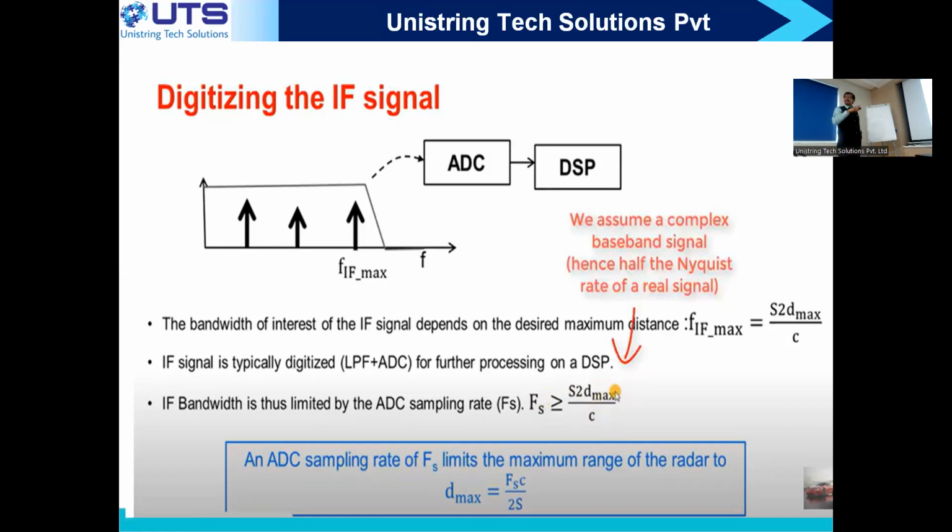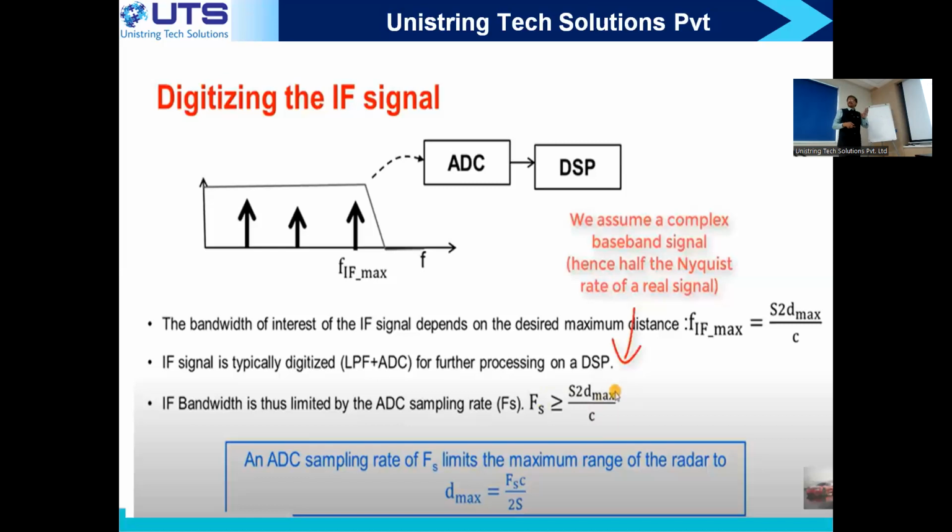Given the sweep rate, which I just took as an example, 1 megahertz for 1 microsecond, and given the maximum range of the target, you should be able to tell what is your highest frequency of interest that you should be able to digitize for your processing, isn't it?